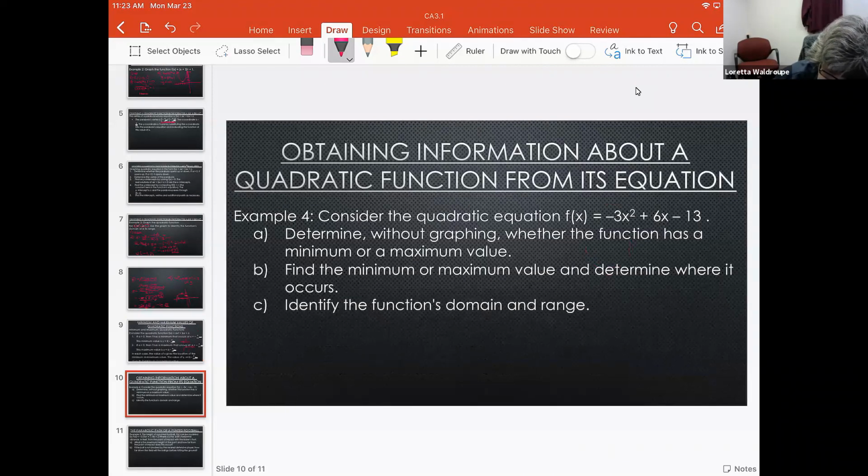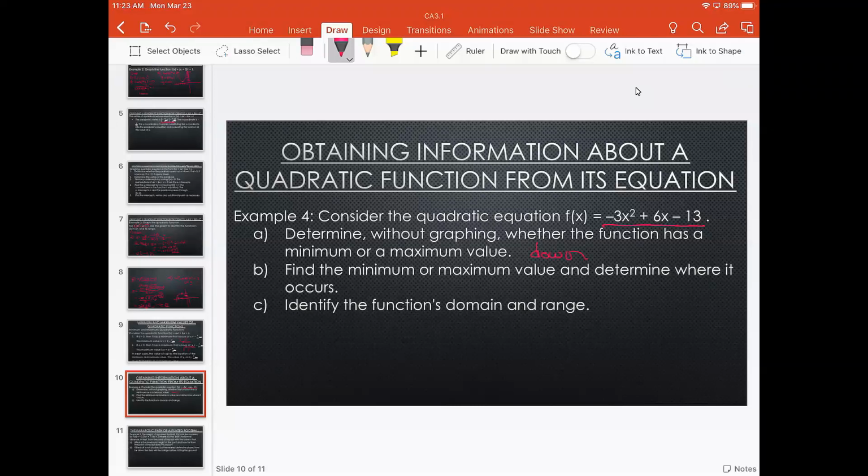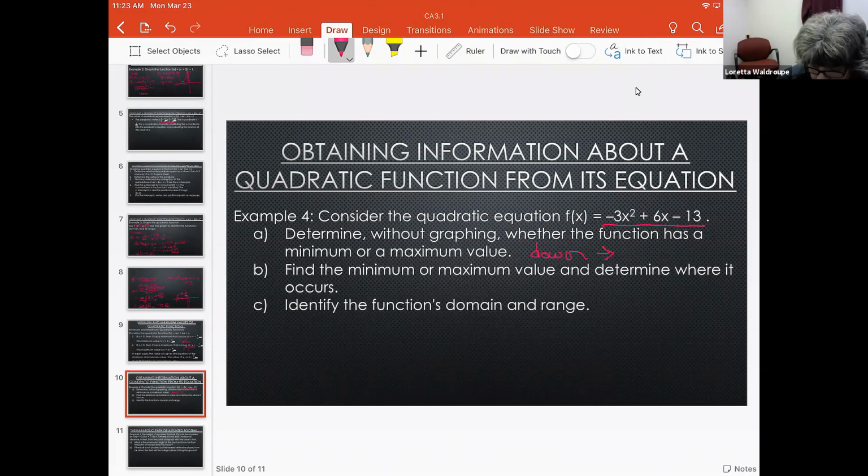So looking at this problem, is this parabola going to open up or down? Well, it's a negative in front of the x squared, so that tells me it opens down. So does that mean I have a minimum or a maximum? Down means maximum. Are you with me? Okay. How do you find the minimum or maximum? You find the vertex.